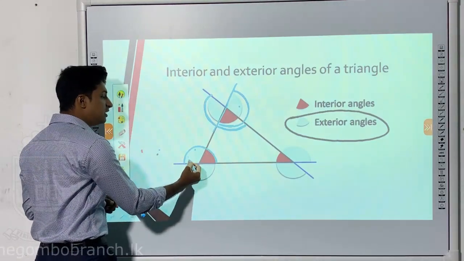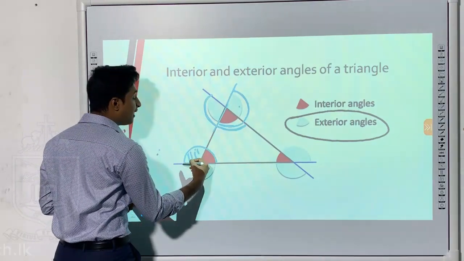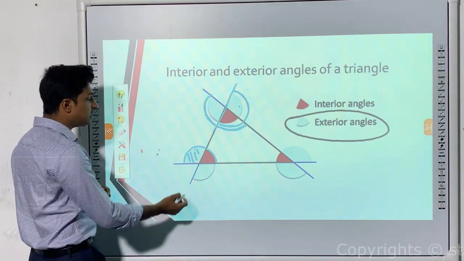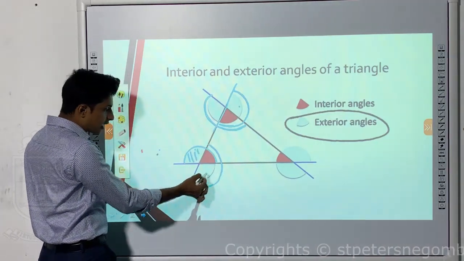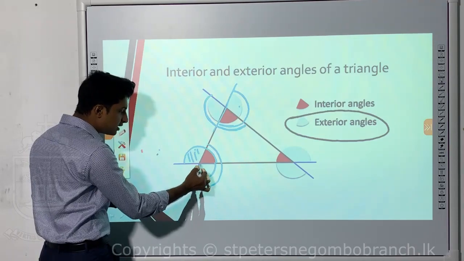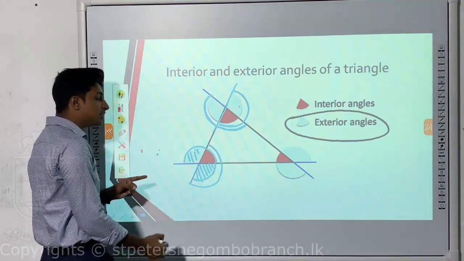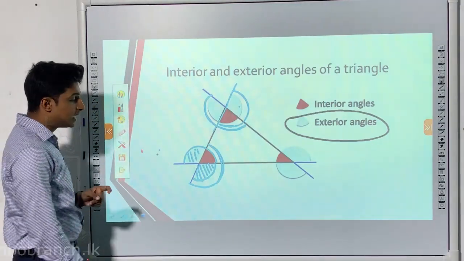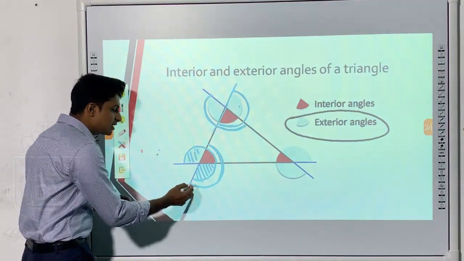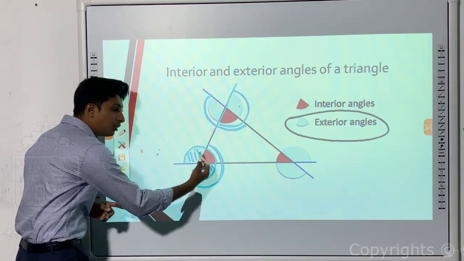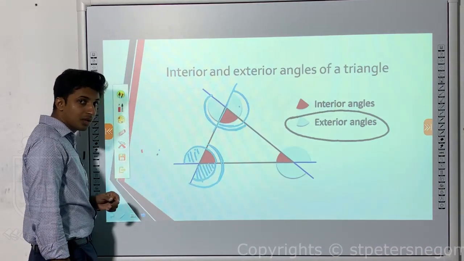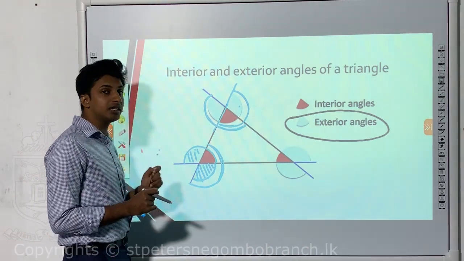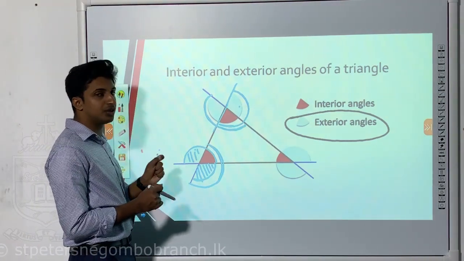This exterior angle is forming a 180 degree straight line with the interior angle. Even here, this also can be taken as an exterior angle because it is forming a straight line with the interior angle. This part is not taken as an exterior angle because they cannot form a straight line. That is the correct method of understanding how you select an exterior angle when it is given to you.